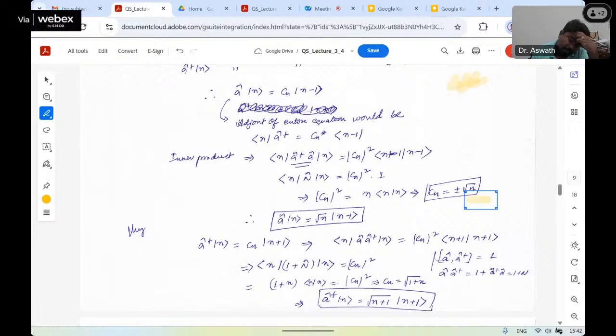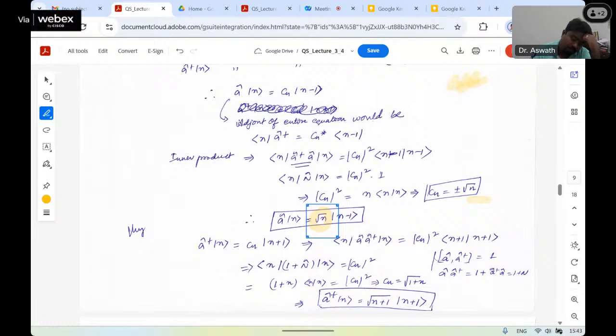It could be positive or negative, but for the time being we take the positive case. So A reduces a quantum state by 1, multiplied by the square root of n. That means the n states cannot be eigenvectors of A. For eigenvectors, both sides should have the same vector with some eigenvalue. That is not the case here.